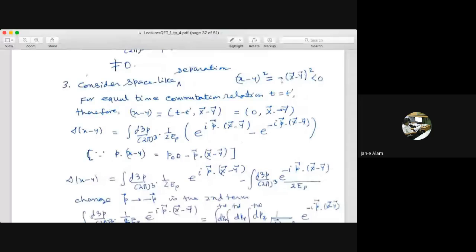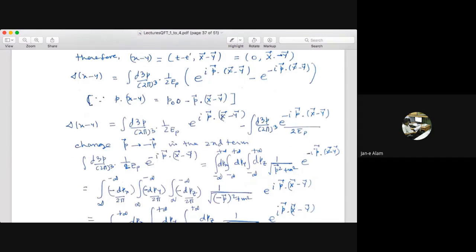So this will always be less than 0. So if I take the x minus y 4-vector as 0 as a temporal component, and x 3-vector minus y 3-vector as the spatial component, then my delta(x minus y) will be this, right? Now delta(x minus y) for space-like separation will be like this.